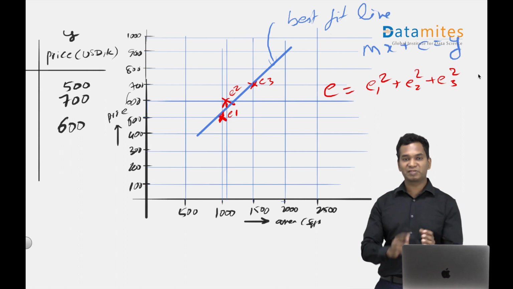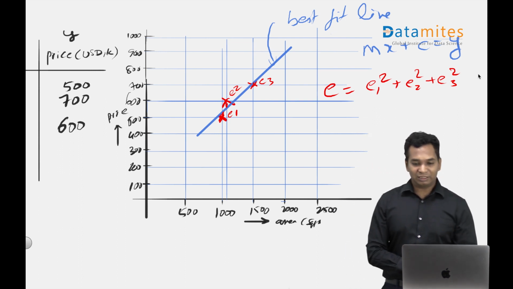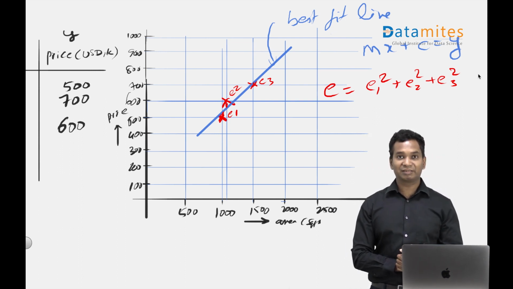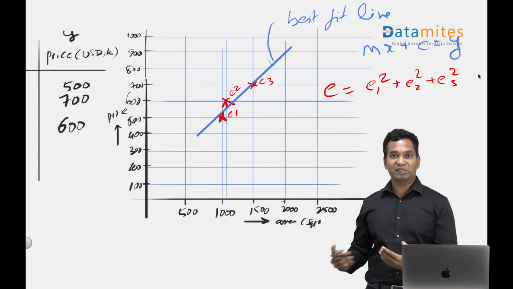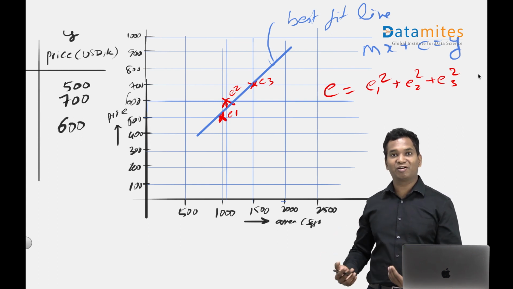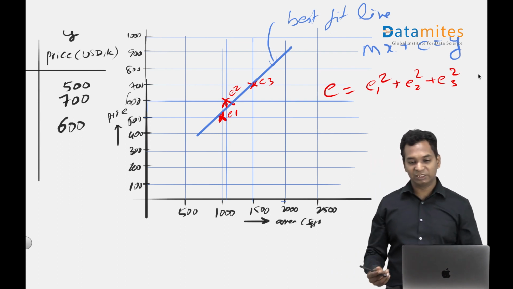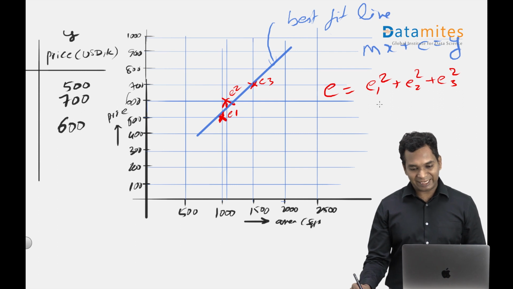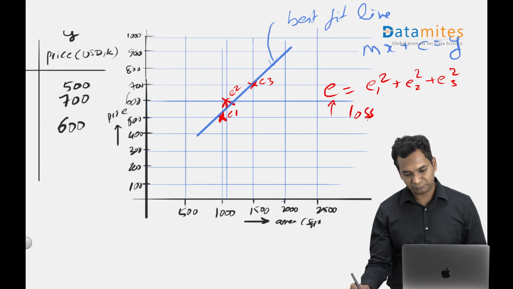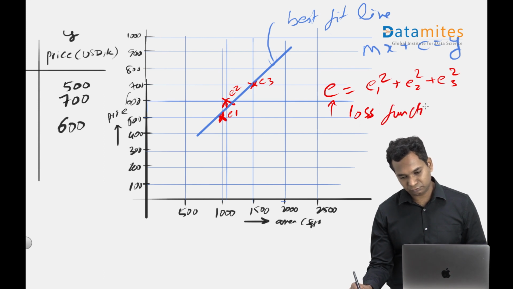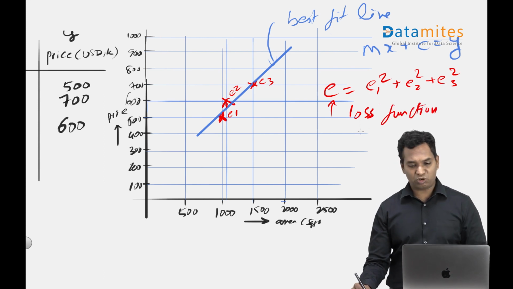The reason I'm taking the square is making sure that the errors are taken care of, as well as giving more importance. Errors are severely penalized because you're taking the square of the error. A small error will reflect exponentially in the square of it. All right. And this is called the L2 loss function. In fact, this is called the loss function. I could also say it as cost function.